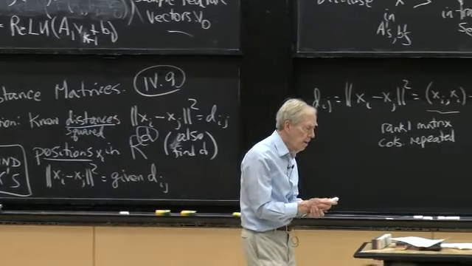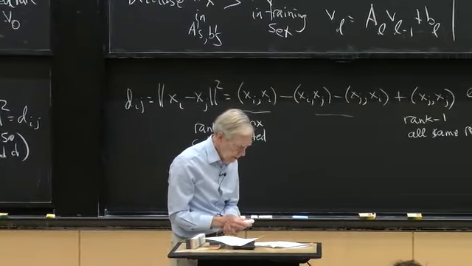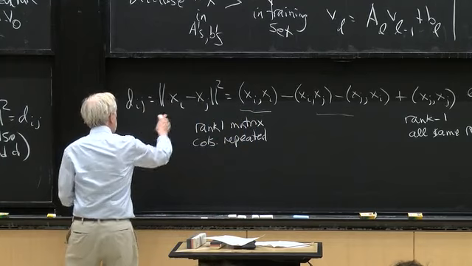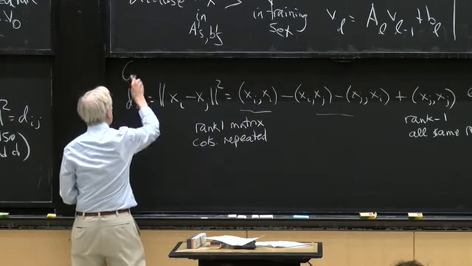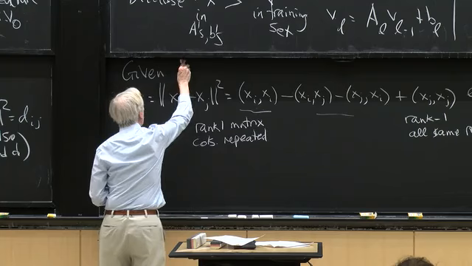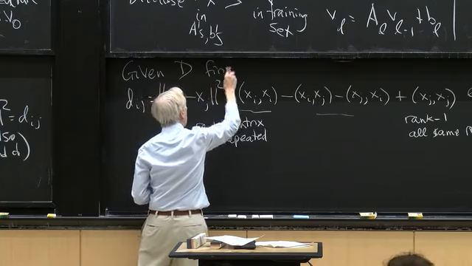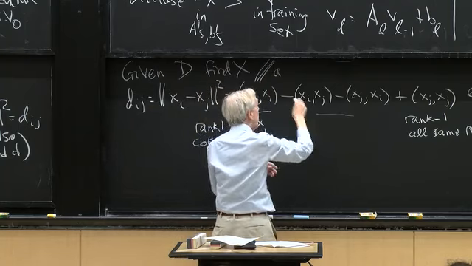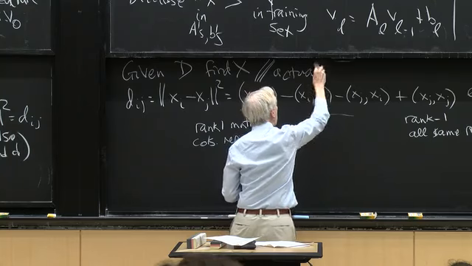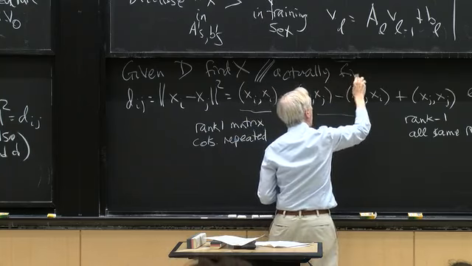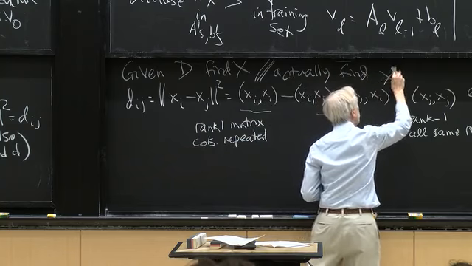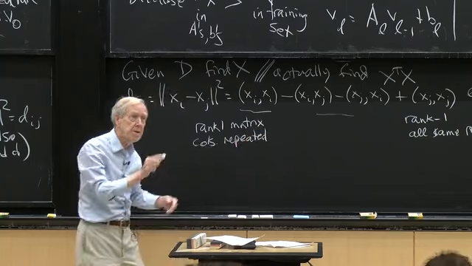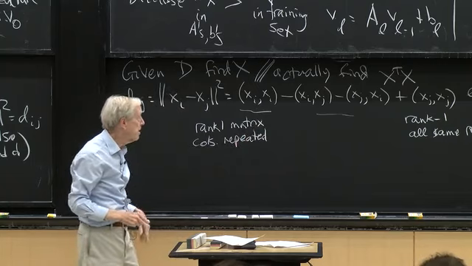I think in the notes I call it X. So I'm given D, find X. And what I'll actually find, you can see it coming here, is X transpose X. Because what I'm given is dot products of X's.